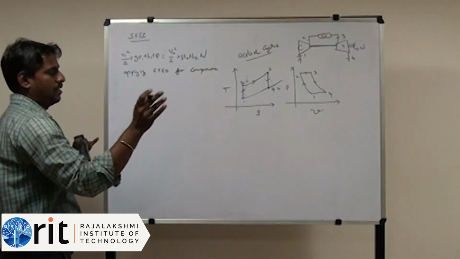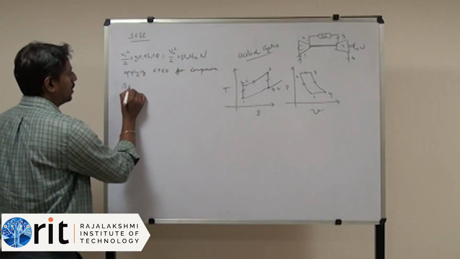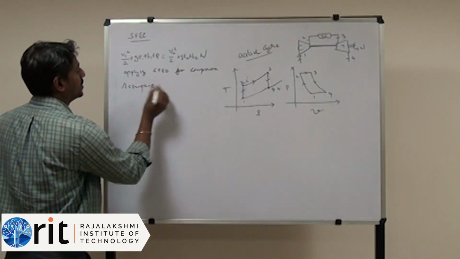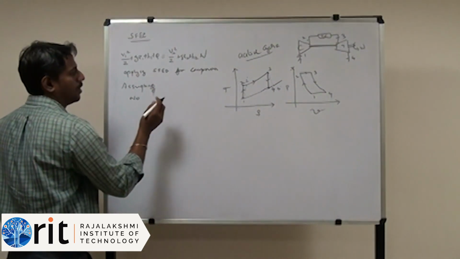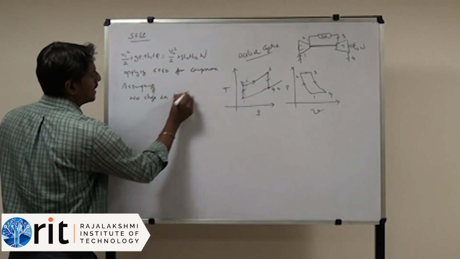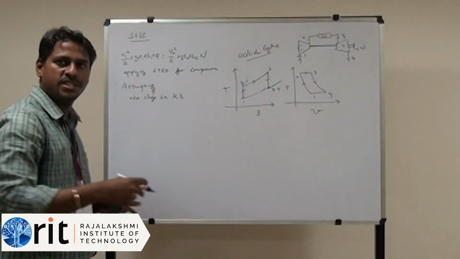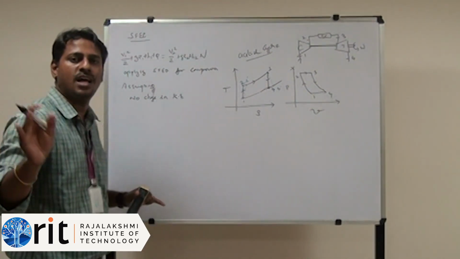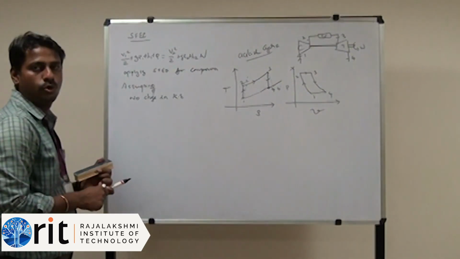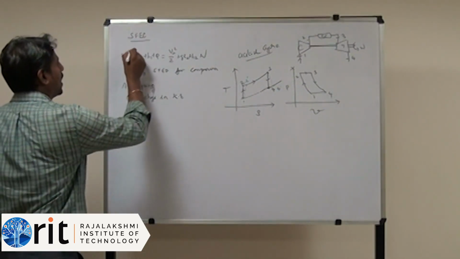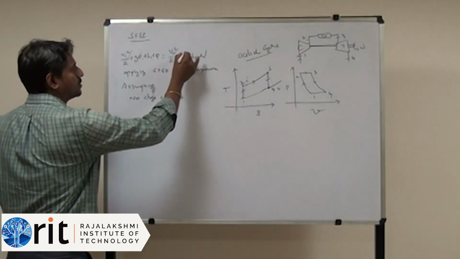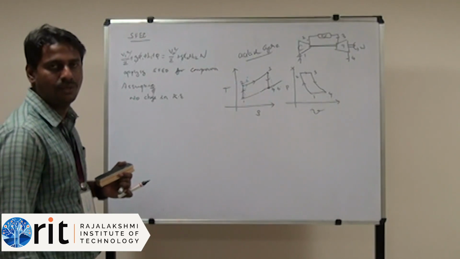There are some assumptions. No change in KE, that is kinetic energy. No change in kinetic energy means there will be no change in velocity. So in such a case, we can neglect V1 square by 2 and V2 square by 2. These two get cancelled. And there is no datum difference, so gZ1 and gZ2 get cancelled.